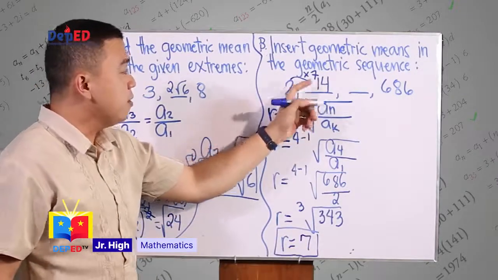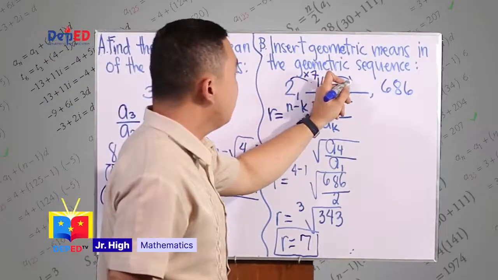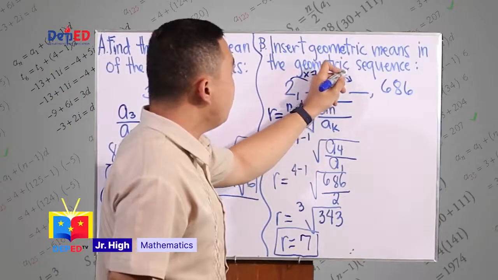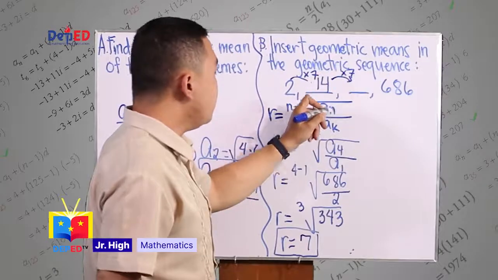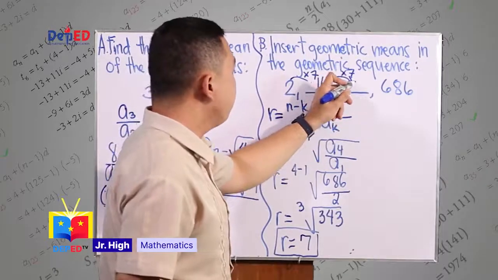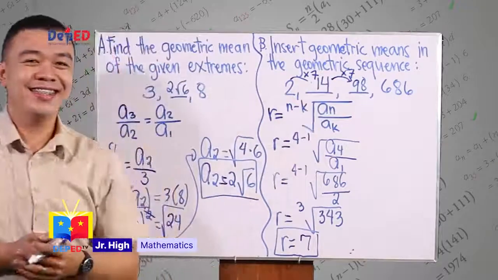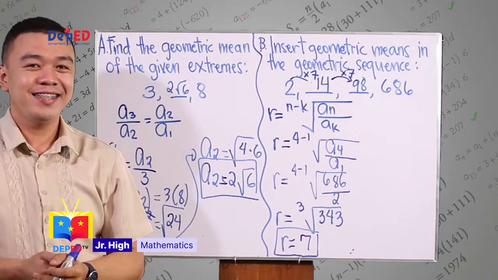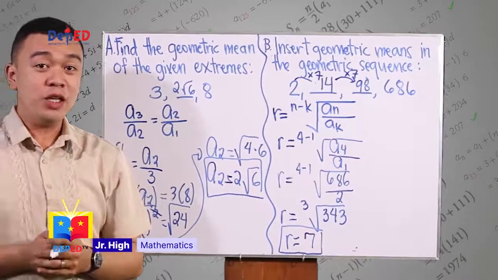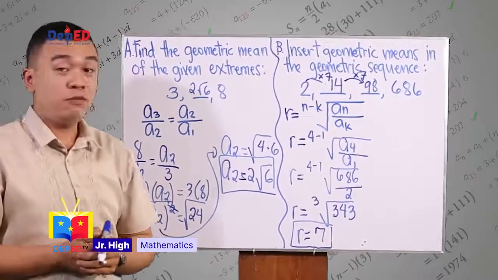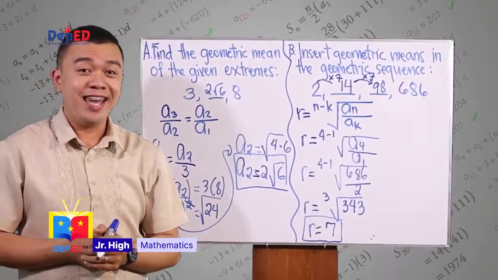So 14 times 7 will give us 98. So the geometric means of this sequence are 14 and 98.